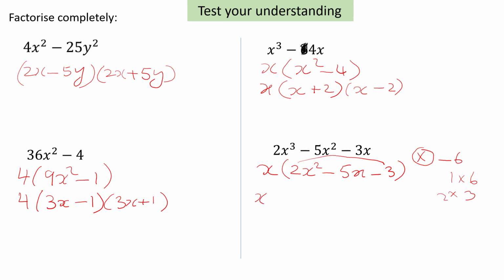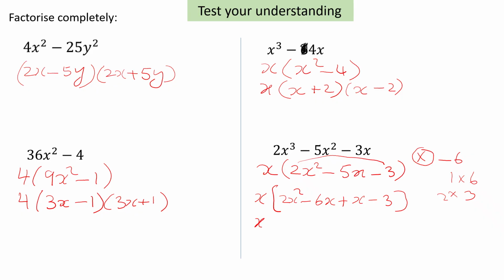So x bracket 2x squared minus 6x plus x minus 3. So minus 6x plus x, minus 5x.